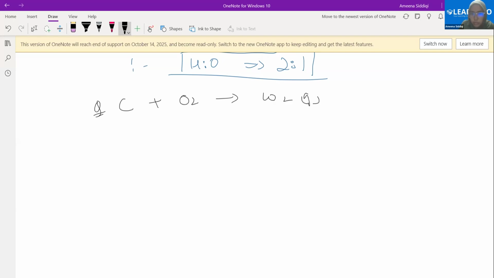CO2 gaseous. So this is the first part. The second part.